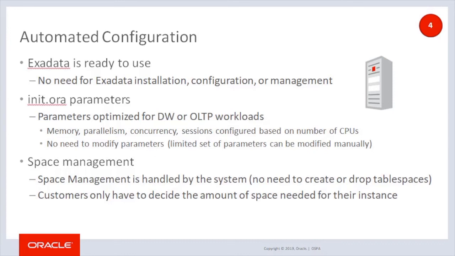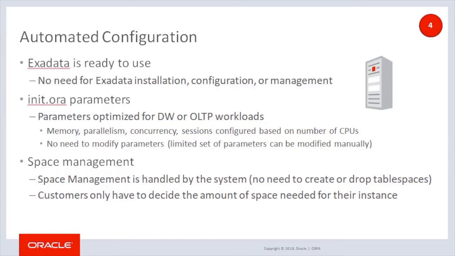Memory, parallelism, concurrency, number of sessions, and other parameters are automatically configured based on the number of CPUs allocated to the service. Most of these parameters cannot be modified, and the few that can be modified should only be done for very specific reasons, by qualified DBAs. This is discouraged in Autonomous database.